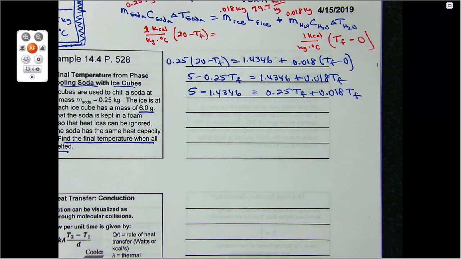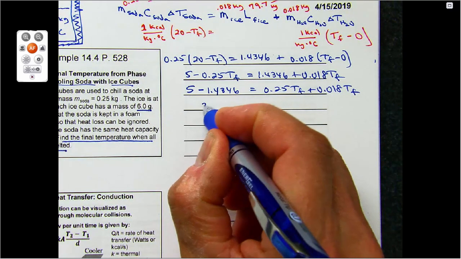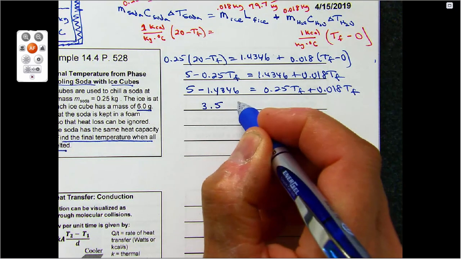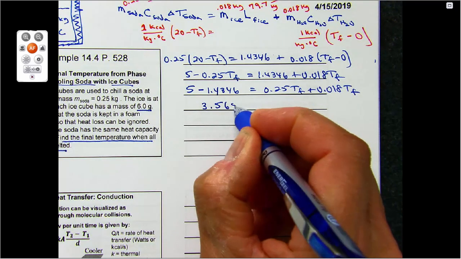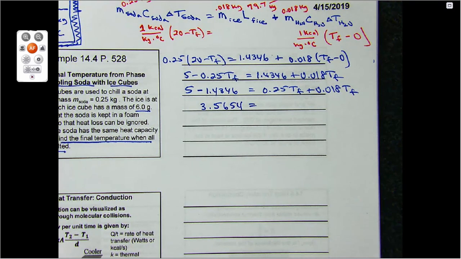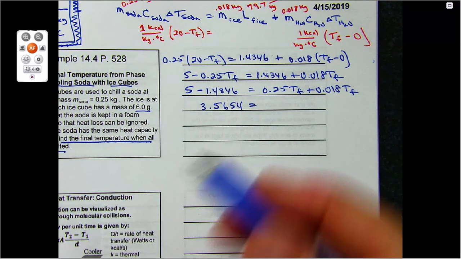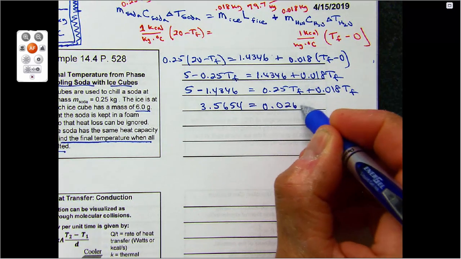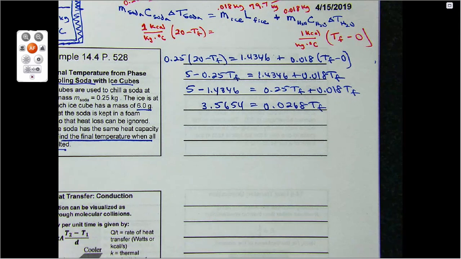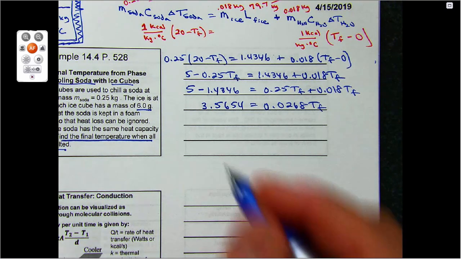Right? 3.5654 equals 0.268 T final. What do we get? When I worked this out before, I used different units. I hope this works out. What do we get? Oh, yes.